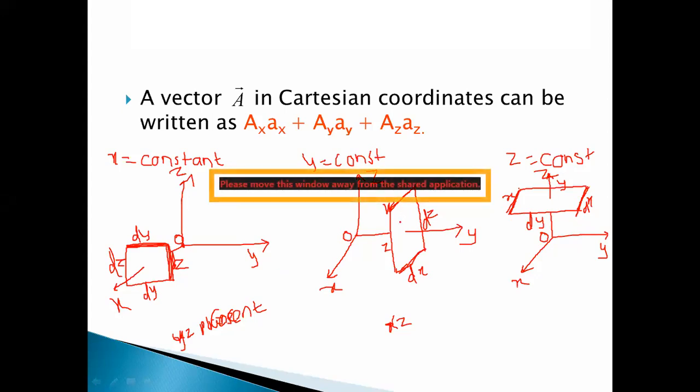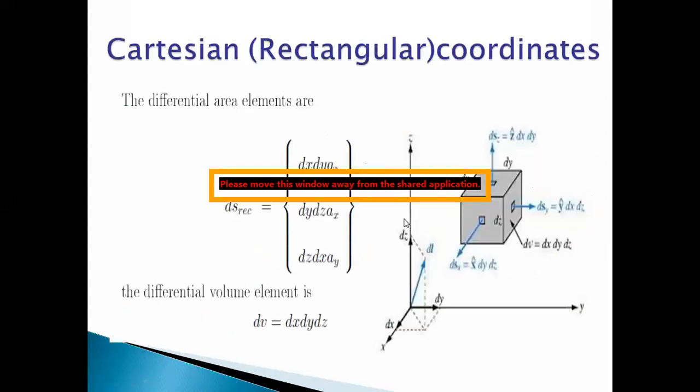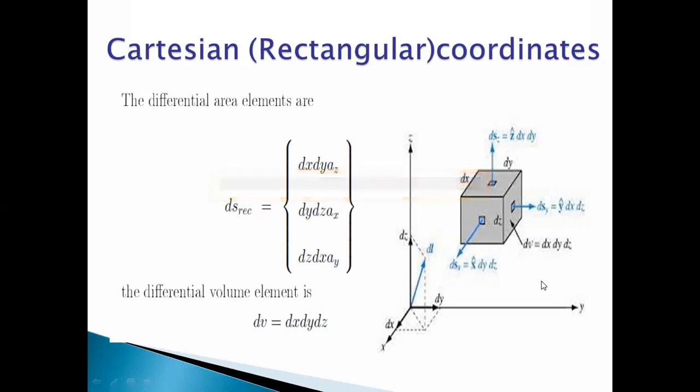Now the next point here. When we are considering the Cartesian coordinate system, we can represent any vector in the x, y and z direction.